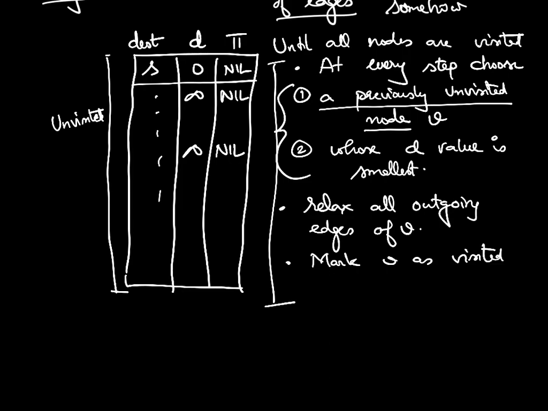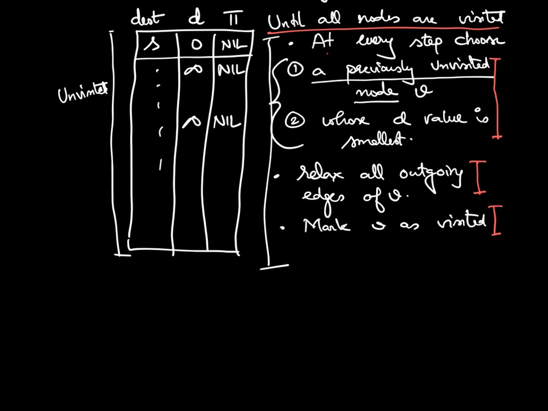That's it. So what is the algorithm? Until all nodes are visited, choose a previously unvisited node whose d value is the smallest, relax all outgoing edges of V, and mark V as visited. These are the three steps of the algorithm.